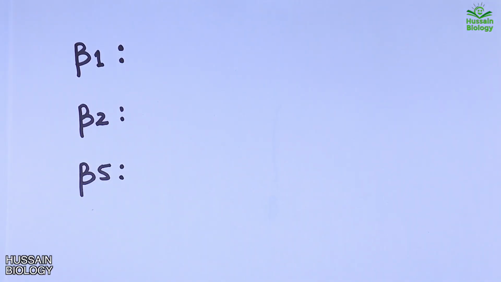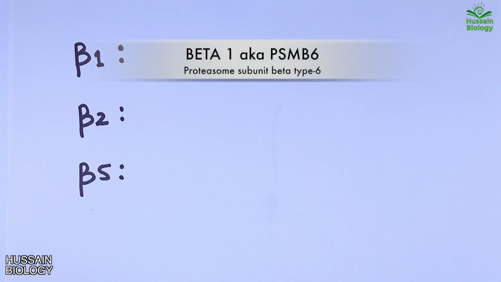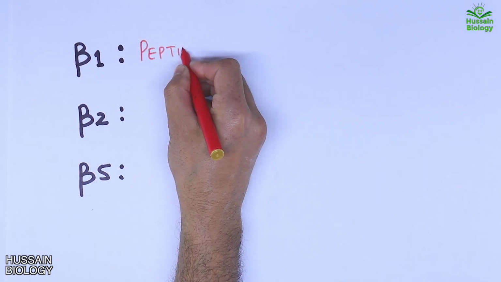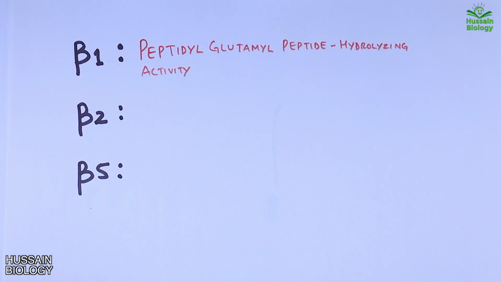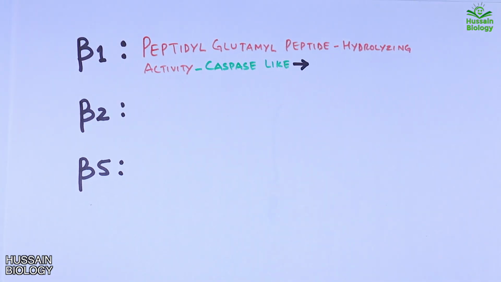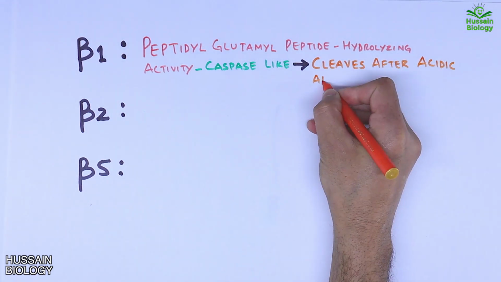First, we have the beta 1 subunit, also known as PSMB6, that's proteasome subunit beta type 6 protein. It shows peptidyl-glutamyl peptide hydrolyzing activity, or it also shows caspase-like activity. During the degradation of proteins, this beta 1 protein cleaves after the acidic amino acids.